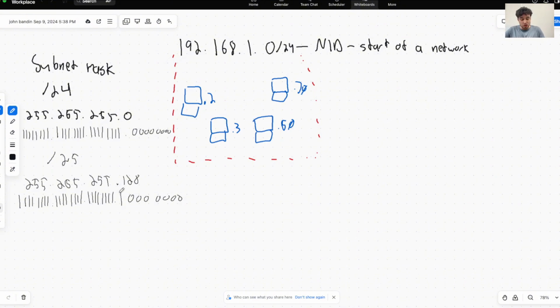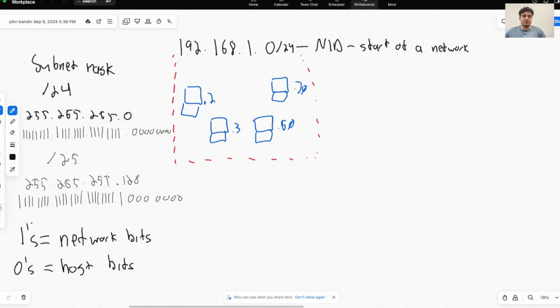I want that just to be known: that CIDR notation, /24, /25, means that there are that many 1 bits. And in subnetting, when we look at a subnet mask, the ones are the network bits and the zeros are the host bits.